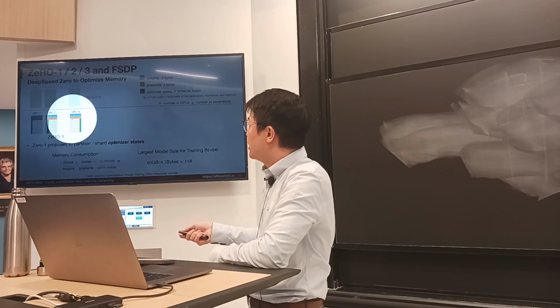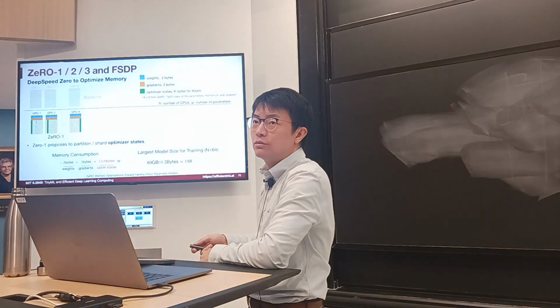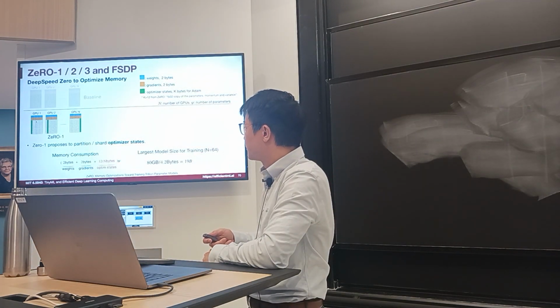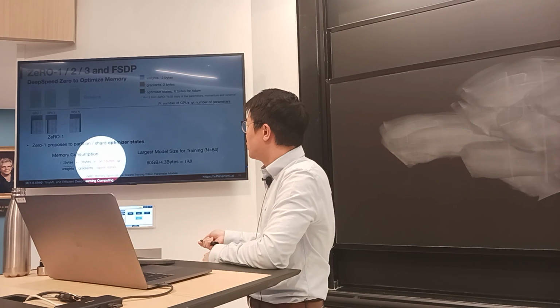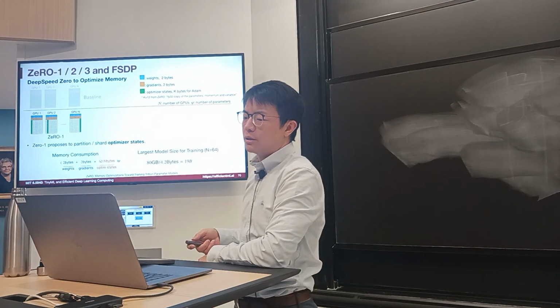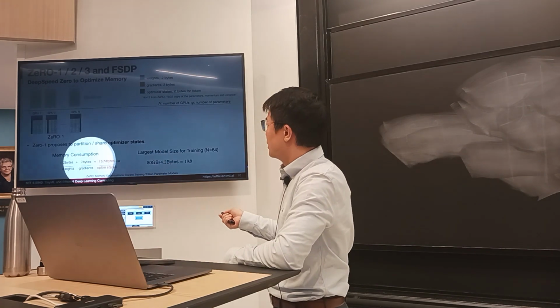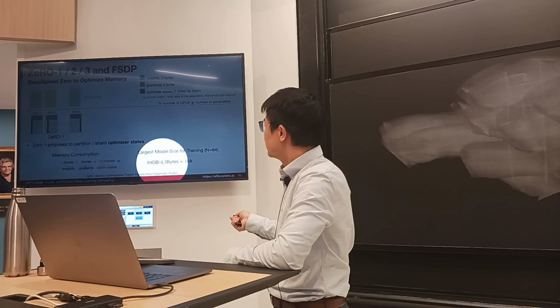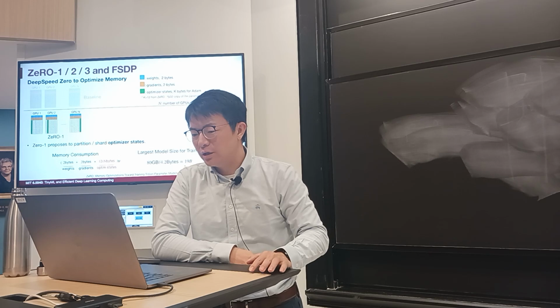So since we have n GPUs, we don't need to store n copies of them; we can store only the local copy for each of them. So if we have n GPUs, we no longer need to store 12 bytes each, but we can store 12 divided by n. So we are sharding the optimizer state. If we put n equal to 64 right here, each parameter requires only 4.2 bytes, and we can fit 19 billion parameters in a single 80 gigabyte GPU.